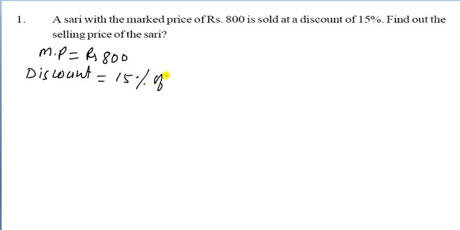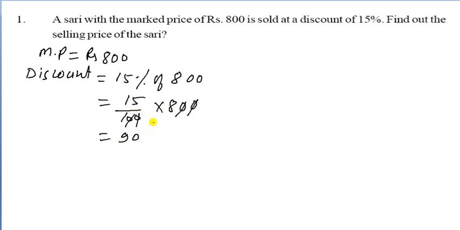It is 15% of rupees 800, so 15 upon 100 into 800. The 0 will be cancelled out and this 0 will also be cancelled out. So 15 times 8 is 120.